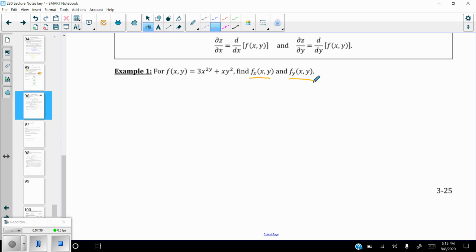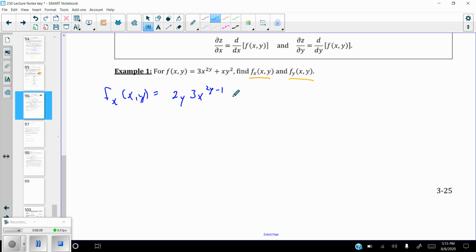So let's start off with the first one. Partial derivative with respect to x. Now remember, we have to treat y like it's a constant. So in the first one, that exponent right there is just a constant. So we just treat it like a constant. What would you do if you had 3x to some power? You would bring the power out front. So we're going to multiply 2y times the 3x and then reduce the power by 1.